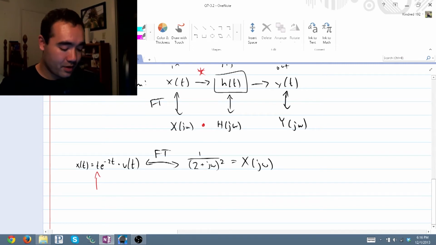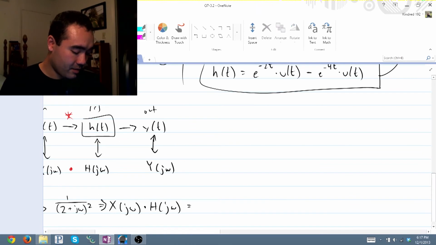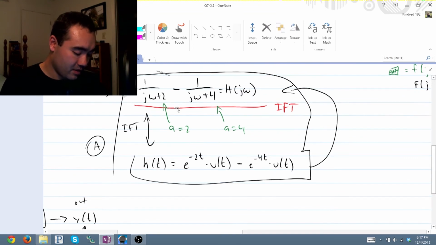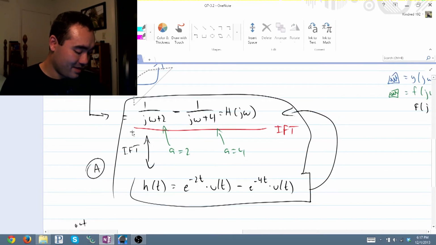If we want our output, we're going to multiply that by h of j omega. And so that gives us, and I'm going to make this an arrow here, h of j omega. Is my tablet not going to keep up with what I want to do?